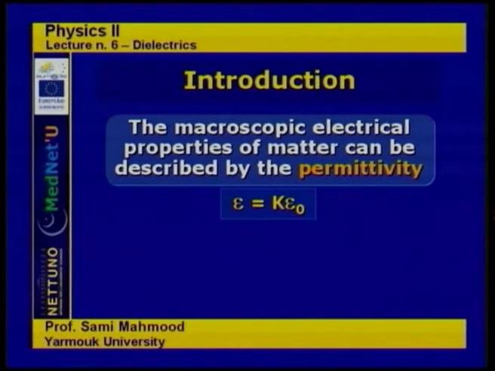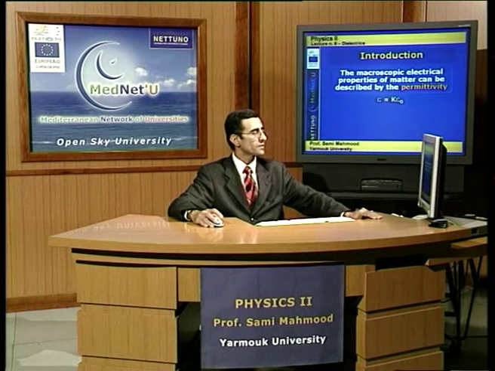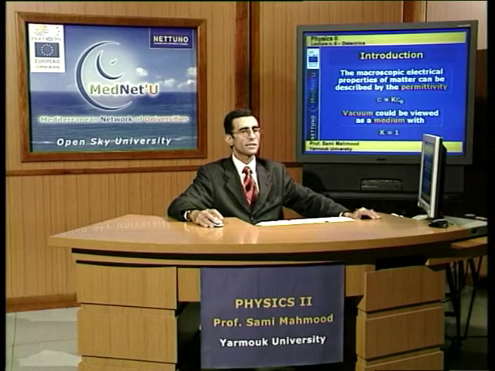In other words, K, the dielectric constant, can be viewed as the relative permittivity, epsilon over epsilon naught, sometimes called epsilon sub r. The vacuum, accordingly, can be viewed as a dielectric medium with K equals 1. So it can be somehow seen as a dielectric also.